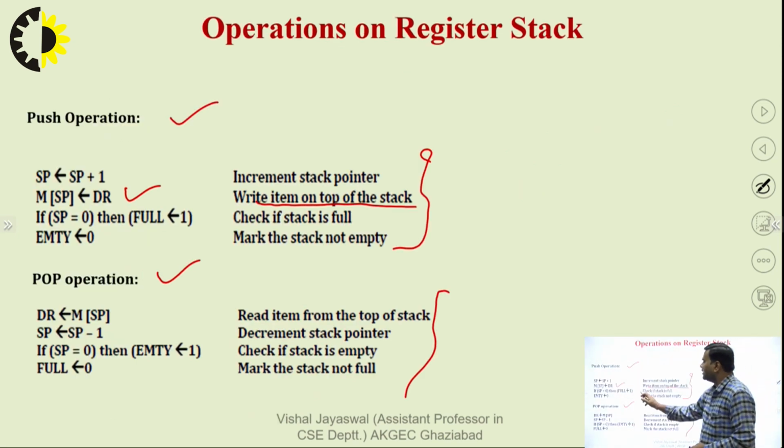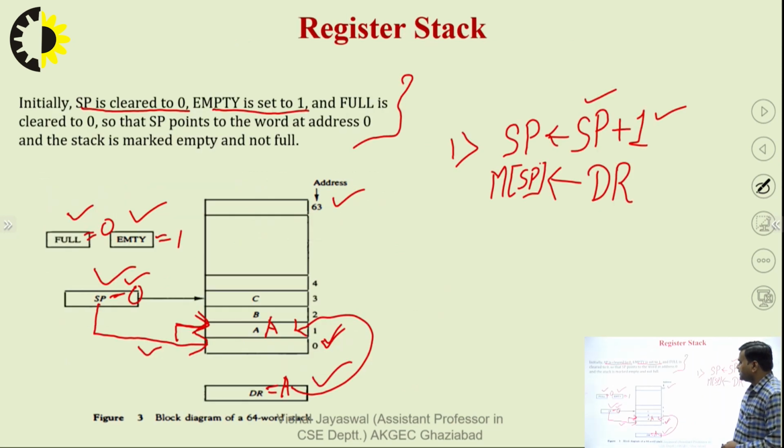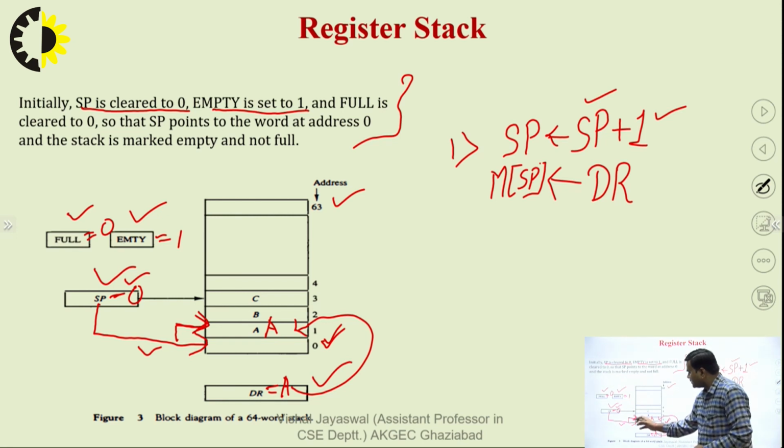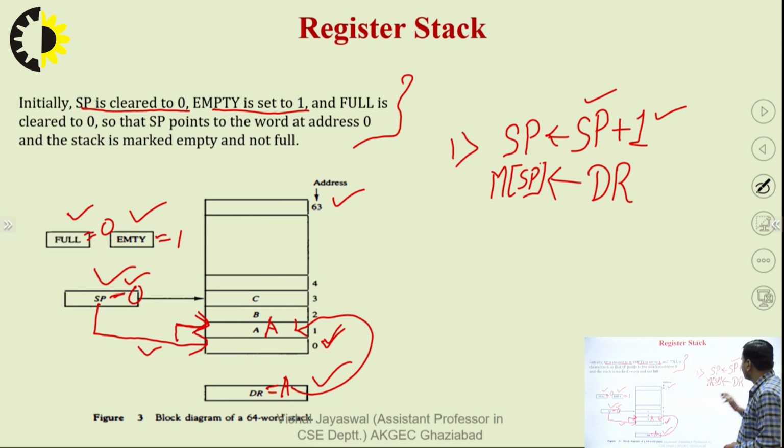Next, if SP equals 0, then set full equal to 1 and empty equal to 0. In this scenario, if the value of the stack pointer is not 0, then we do nothing and simply perform these two steps.